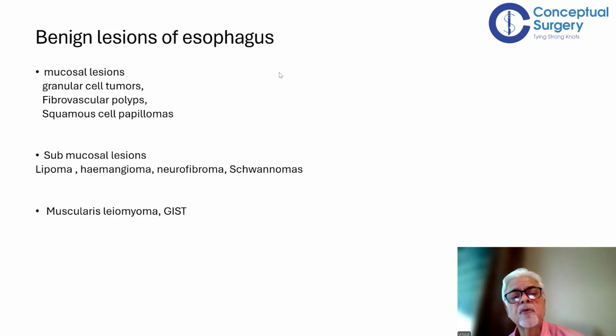The most interesting lesions in this category would be the lesions arising from the muscularis, or what is called muscularis propria. These are leiomyomas, GIST, and leiomyosarcomas. Now, these are the lesions which can arise from the muscularis propria.